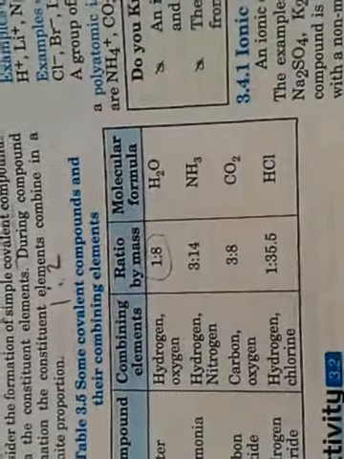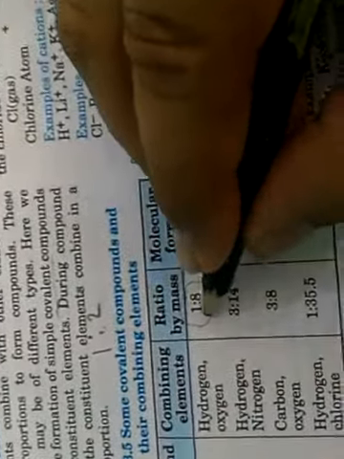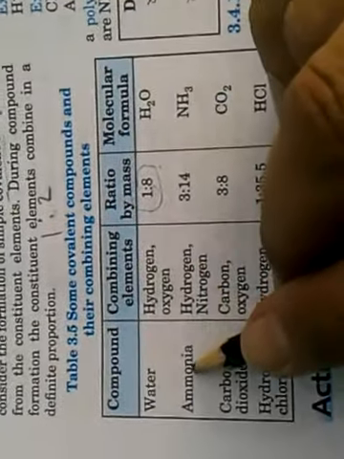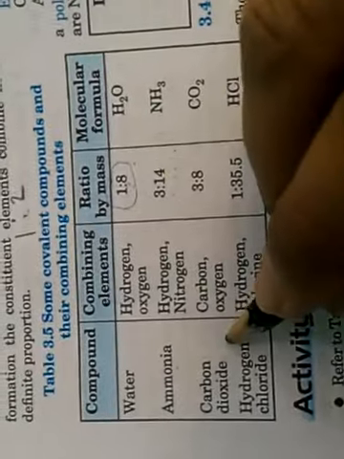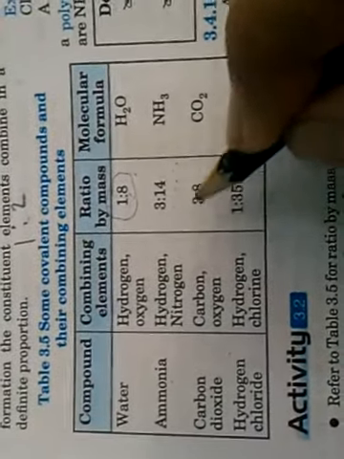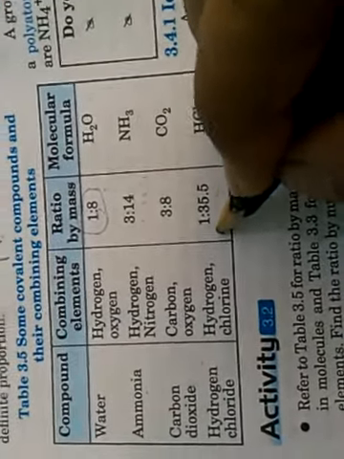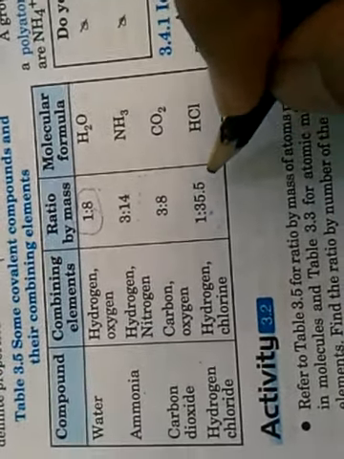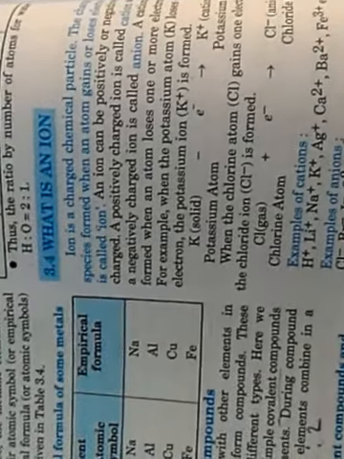Or if I am synthesizing water in a laboratory, still the ratio by mass will remain 1:8. The same applies for ammonia, the ratio will remain 3:14. In carbon dioxide, the ratio will remain 3:8, and in hydrogen chloride it will always remain 1:35.5.